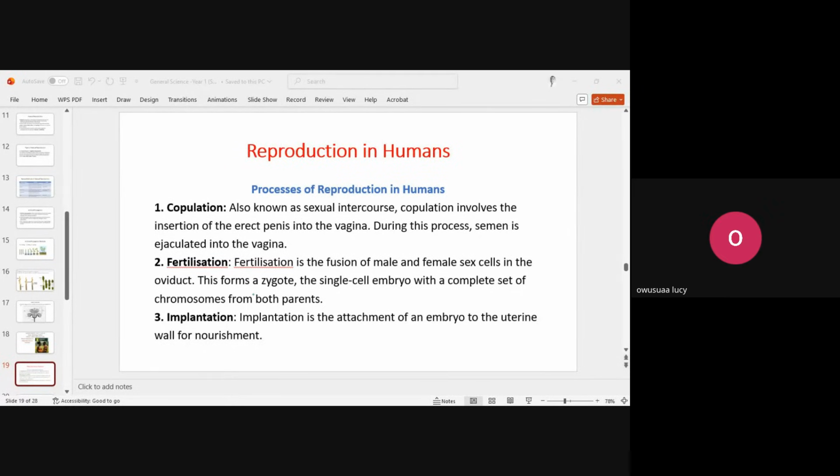Sir, please, how can you give an absolute number? No, the 23. Yes. The sperm cell contains 23 chromosomes, and the egg cell also contains 23 chromosomes.